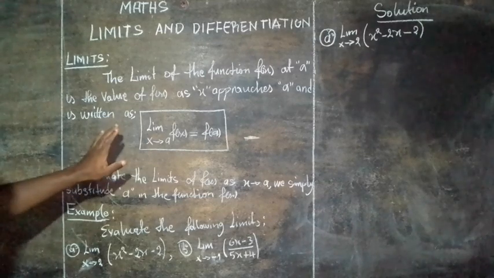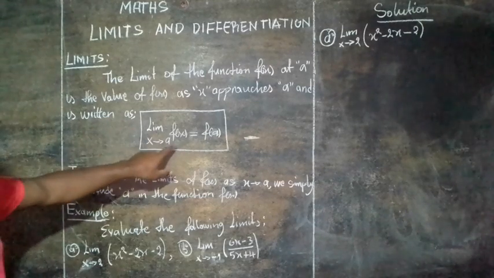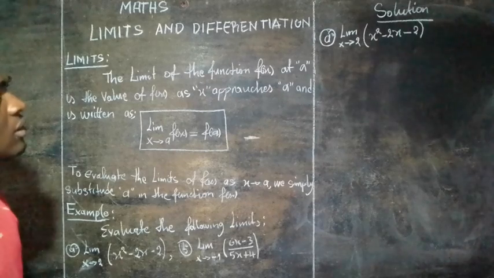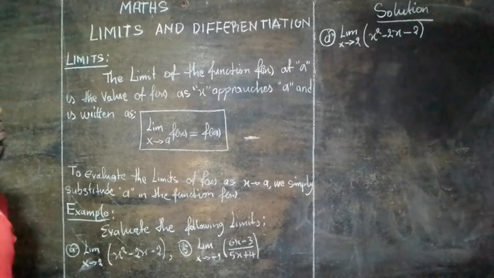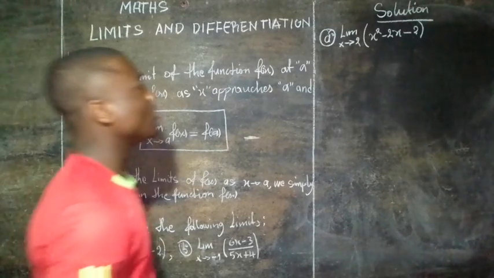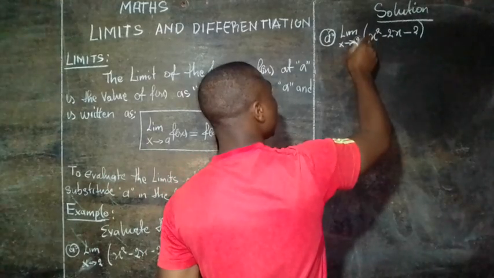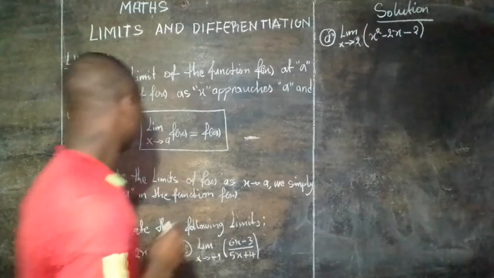The formula tells us that limit as x tends to a of f of x is equal to f of a. What is our a in that example? If you are smart enough, you will quickly notice that our a is 2. This is our a.